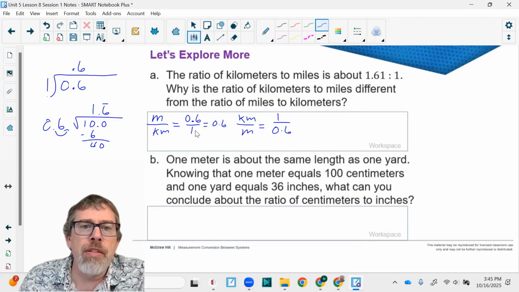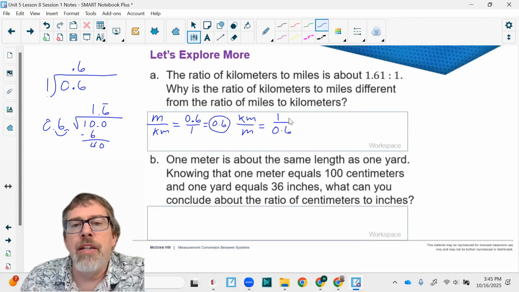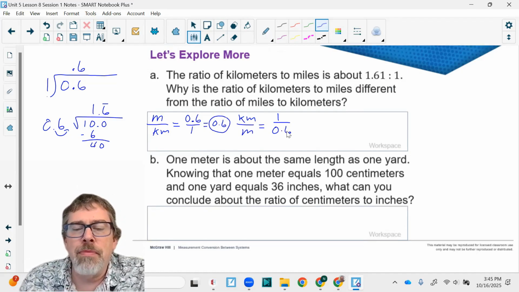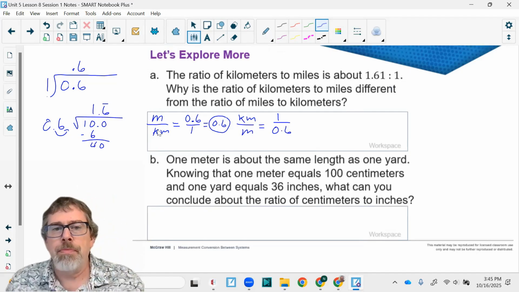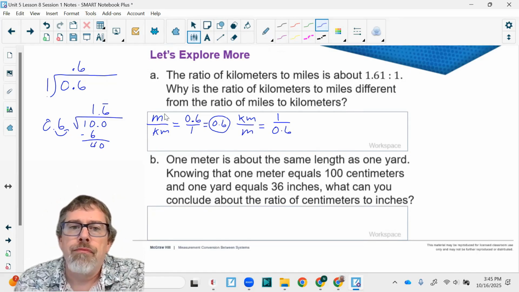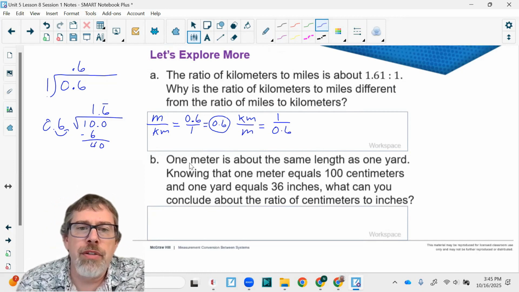So one of them is 0.6 divided by 1. Anything divided by 1 is itself. And the other one is 1 divided by 0.6. Okay. And that's why we get 1.6 repeating, which is here, instead of 0.6. So one's a reciprocal of the other, or an inverse.